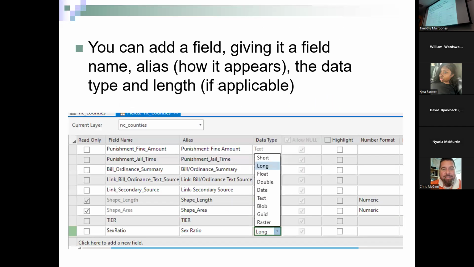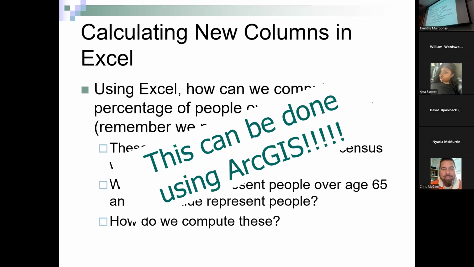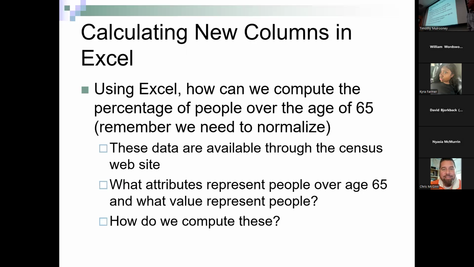Now, has anyone ever done this in Excel before? Of course, I can calculate this in Excel. Okay, I can calculate the percentage of people over the age of 65. I believe it's something called the elderly dependency ratio or something like that. But we can get this through the census. These are going to be attached to most of the data that we give you at the census tract level.